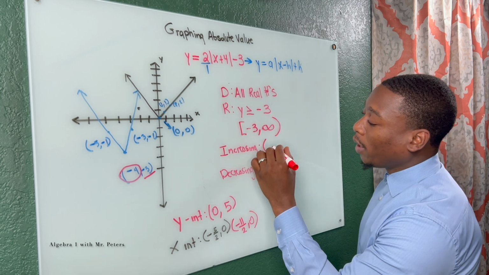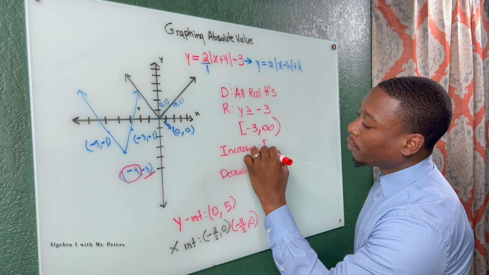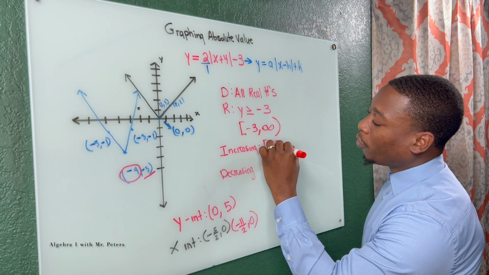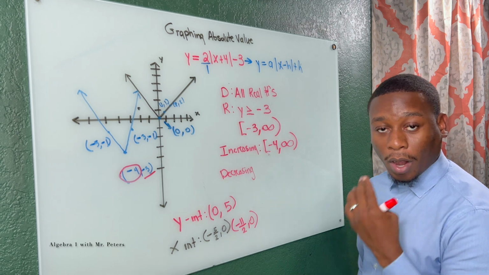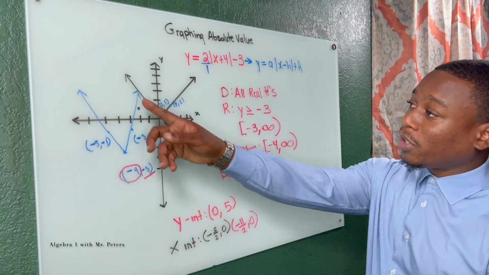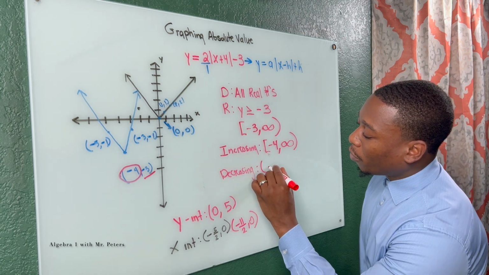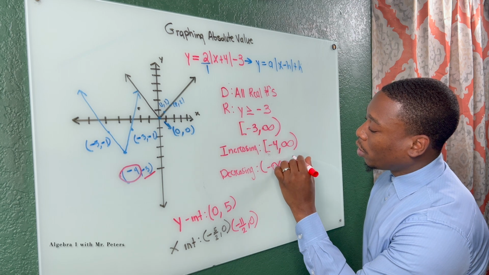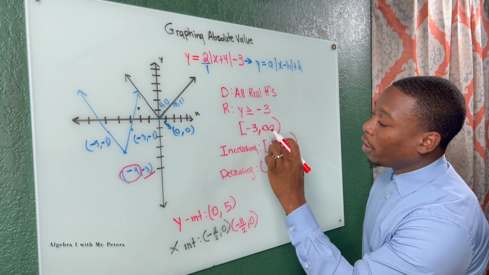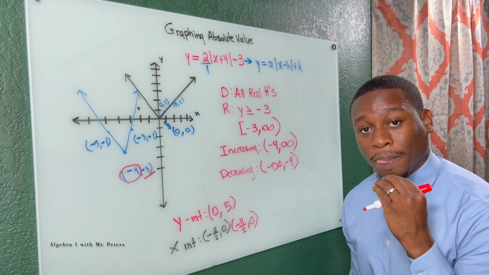Okay. It's going to be increasing between negative 4 to infinity, right? And then we know it's going to be decreasing, meaning our y values are getting smaller on the left side, when we're coming from negative infinity all the way up to negative 4. And I'm sorry, both of these should be parentheses, not brackets.